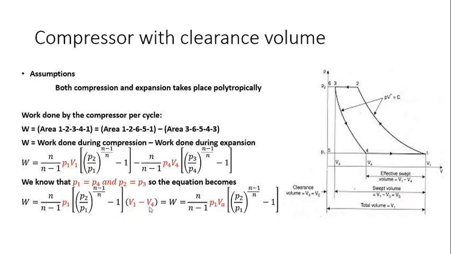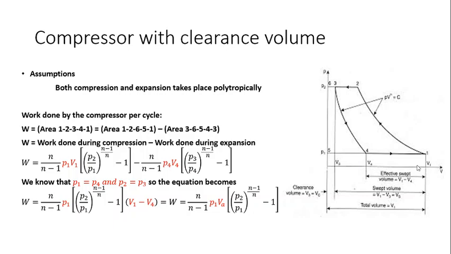So what is V1 minus V4? V1 is this and V4 is this. V1 minus V4 is called the effective swept volume. Actually, the swept volume is V1 minus Vc, from the clearance volume V3, but due to the expansion of compressed air inside the cylinder, we cannot use this much volume of the cylinder to suck air.